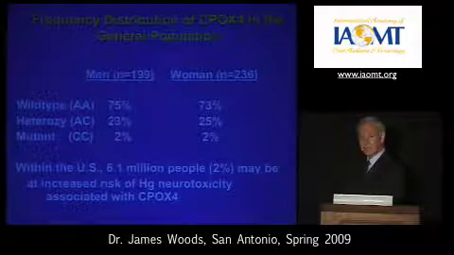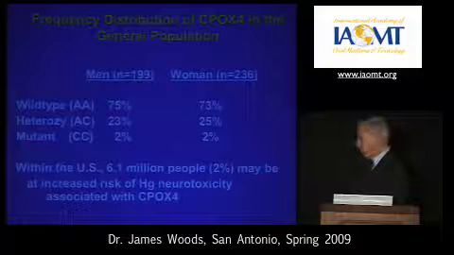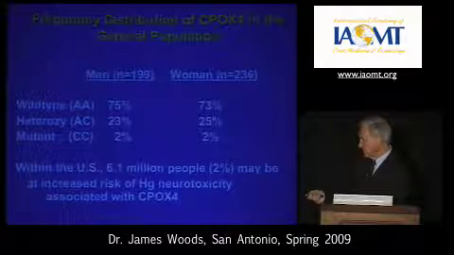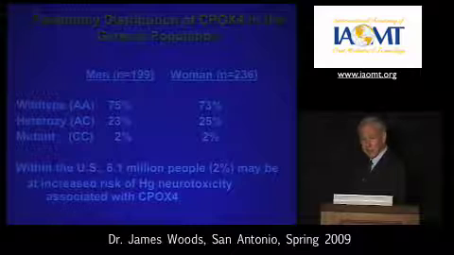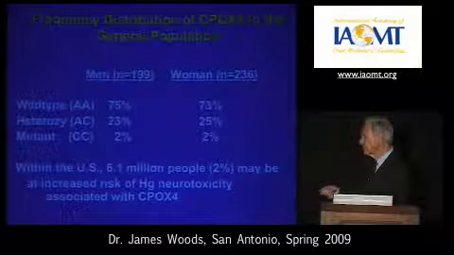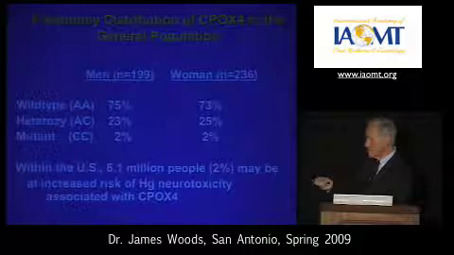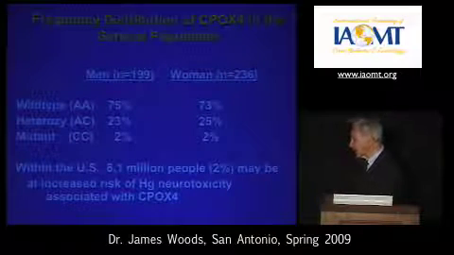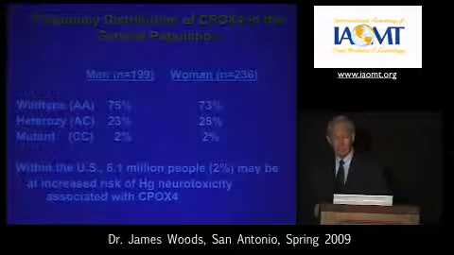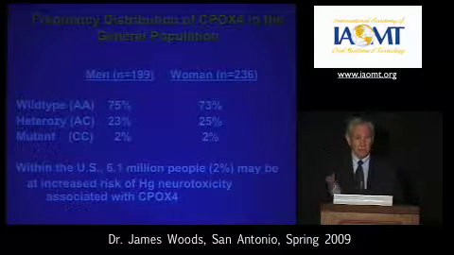So if we have 310 million people in the United States alone, at least 6 million people are going to be the full mutant homozygous for CPOX4. And so at least that many, if not 25%, are going to be at increased risk of mercury neurotoxicity associated with this polymorphism alone.